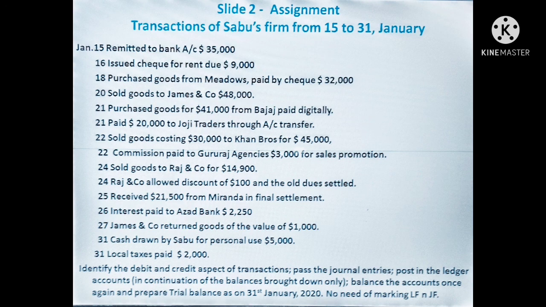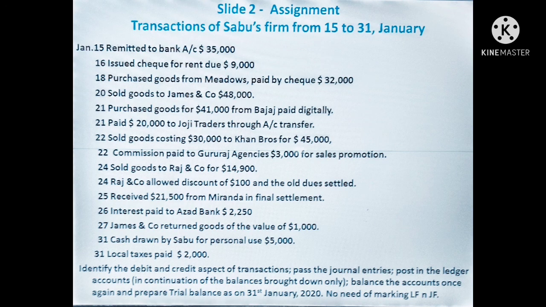I am telling the journal entries for 24 and 25 once again. On 24, Rajan Company debtor $15,000, to sales $14,900, to discount received $100.